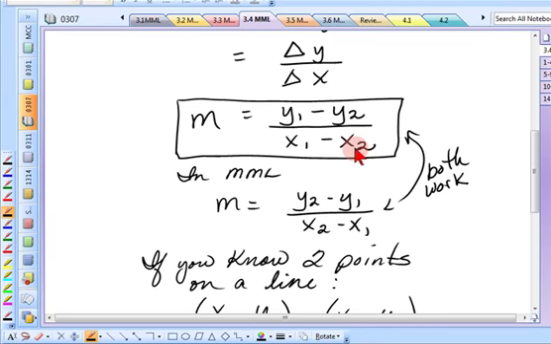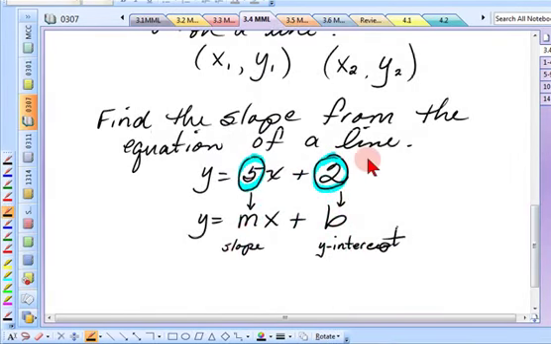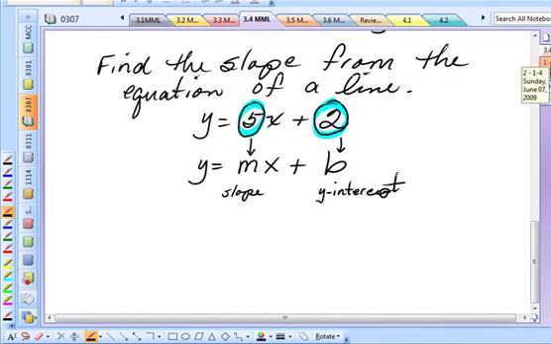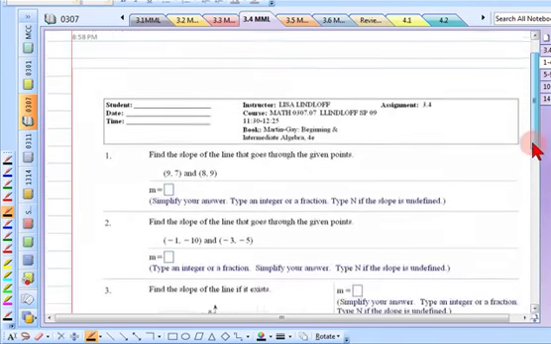I'll give you examples of that, don't worry. Then, finally, we're going to find the slope of the line from the equation, and it's the easiest thing. Once you get it in the form y equals, the slope of the line is this number right here, the coefficient of x. Okay, so let's take a look at the first few problems in my math lab.